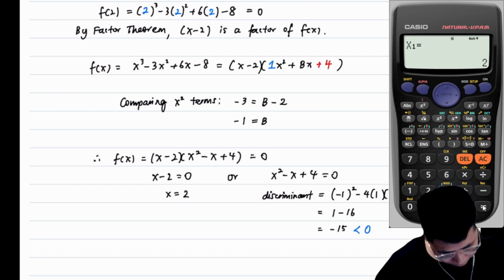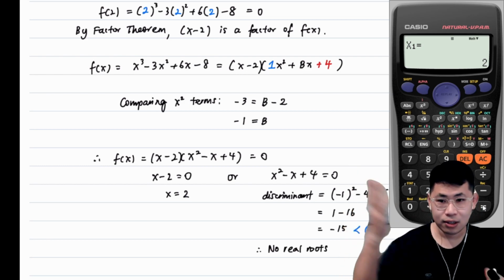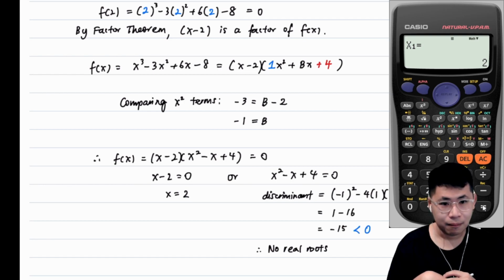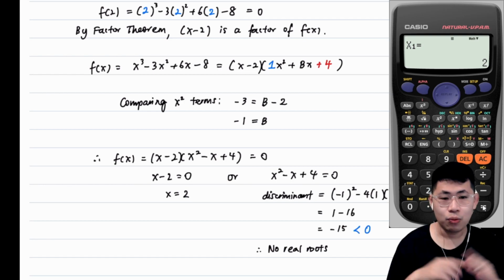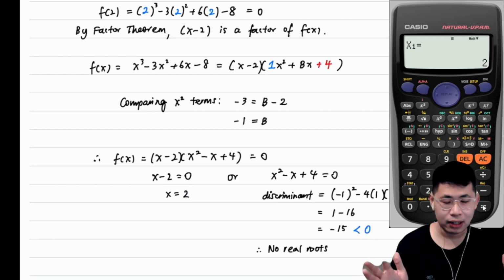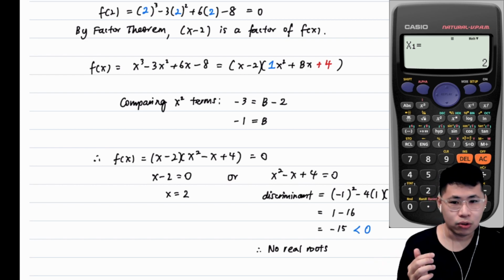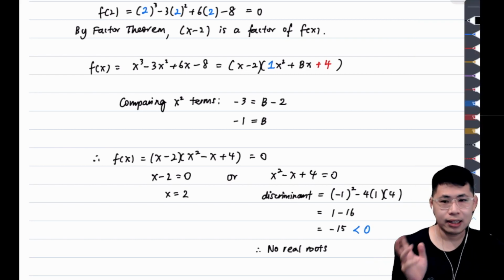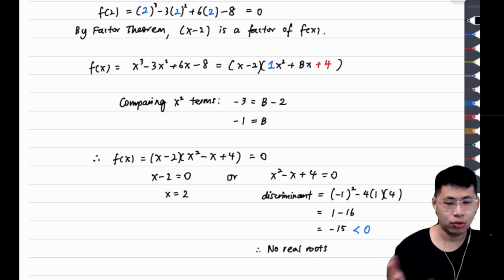So for this one, there will be no real roots for this quadratic factor. So we don't have to solve for this quadratic factor. Instead we showed that this quadratic factor has no real roots.